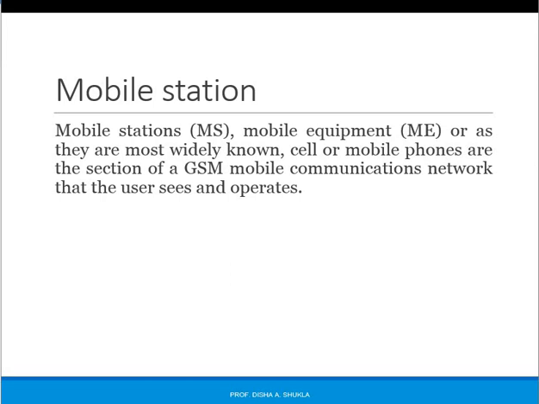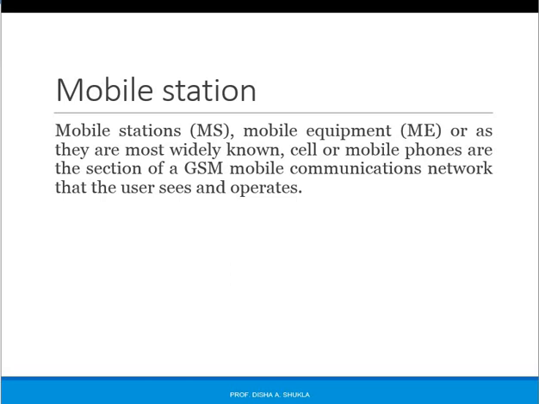The mobile station or the mobile equipment, ME, also contains a number known as the International Mobile Equipment Identity, that is the IMEI number. This is installed in the phone at the manufacturer and cannot be changed. It is accessed by the network during registration to check whether the equipment has been reported as stolen.